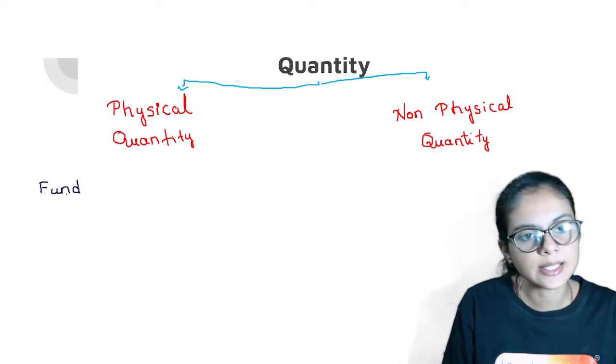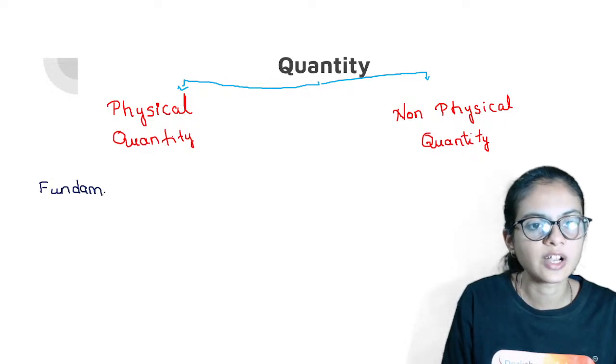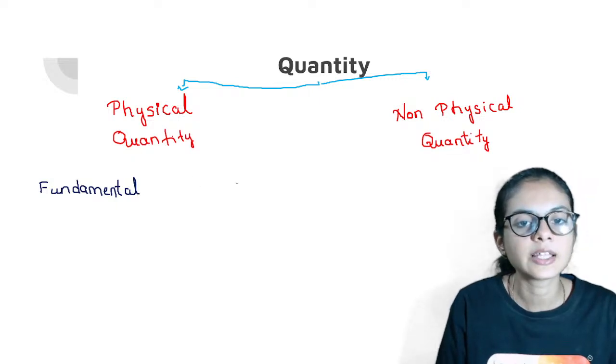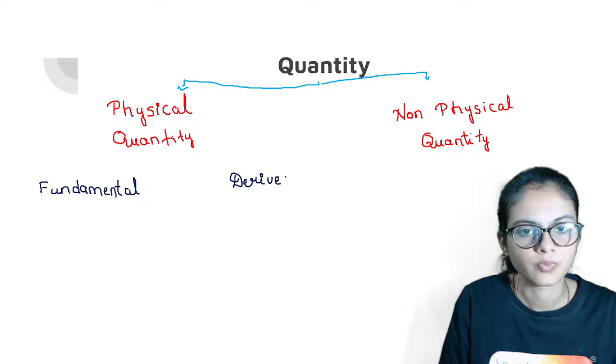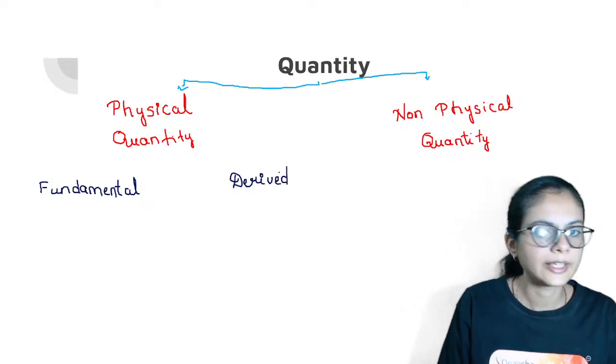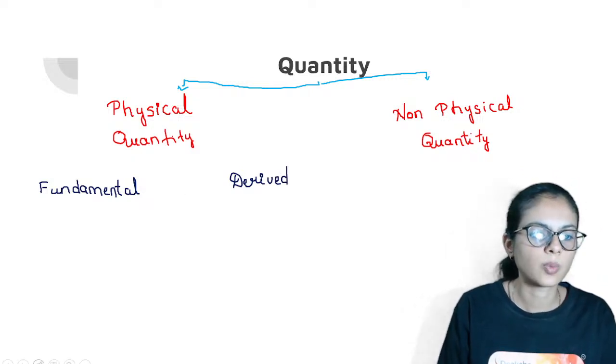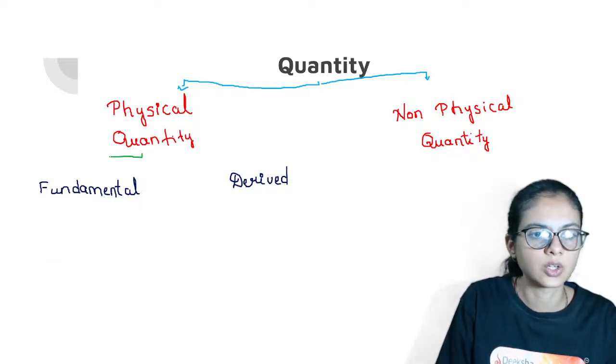So as I said, there are two types of physical quantities: fundamental physical quantity and derived physical quantity.